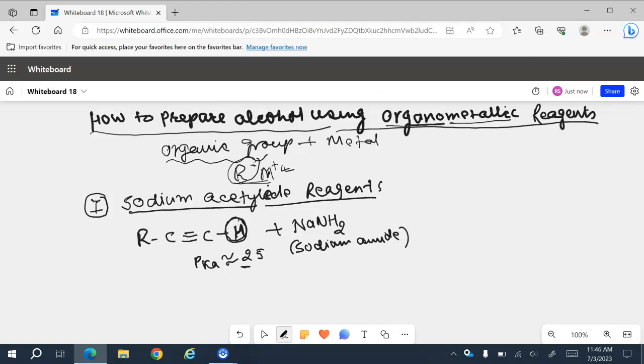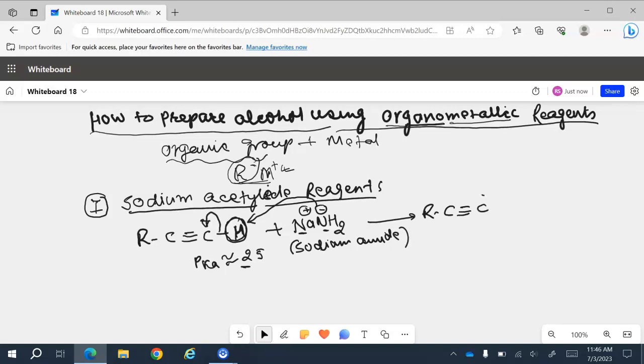Now, in sodium amide, sodium is positive and the amide is negative, and that negative amide group will grab the proton and generate the negative charge on the carbon. That is how we generate RC triple bond C with the negative charge.